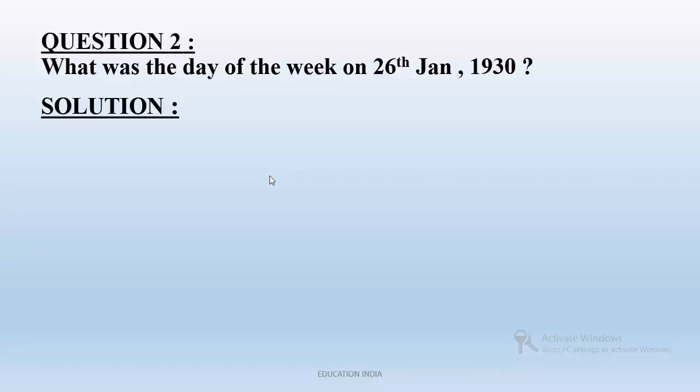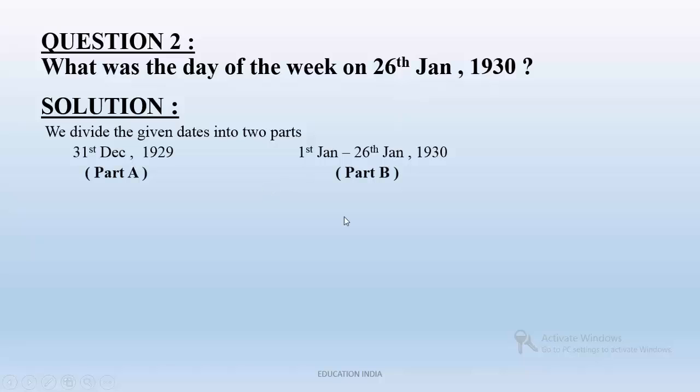This type of problem can be solved by dividing the given date into two parts. The explanation for this was given in part 1 of the video, where I explained how to approach the problems. We divide the given date into two parts, part A and part B. Part A consists of the days till the last day of the previous year, whereas part B deals with the current year.